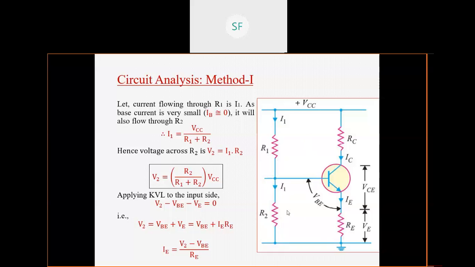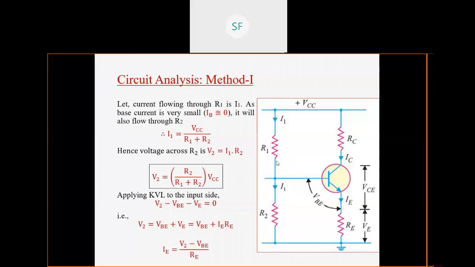So there will be current flowing from positive to negative, from higher potential to lower potential. Always remember, current will always flow from higher potential to lower potential. So in this case, the direction will be like this. Let's say I1 is the current flowing through R1.